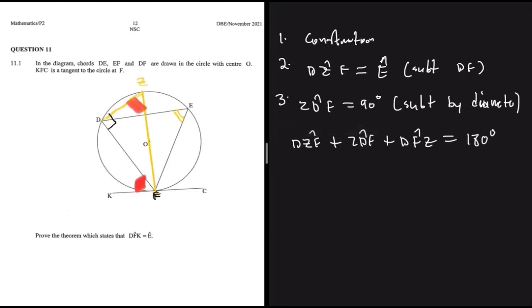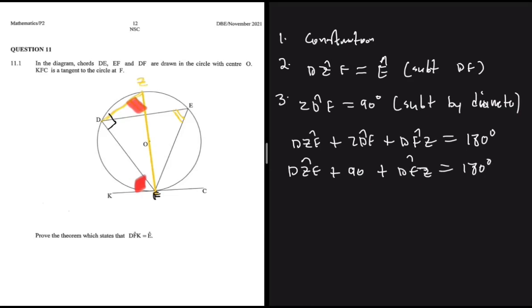So what is the size of DZF? Is the angle we are interested in, right? So we're gonna have DZF plus ZDF. ZDF, we just say that it's 90 degrees plus DFZ equals to 180 degrees.